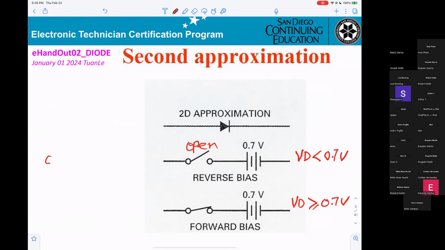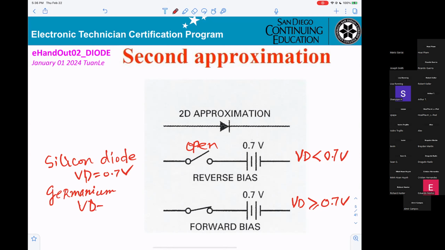Normally the silicon diode VD is 0.7, and if they make it with magnesium, VD is 0.3 volt.